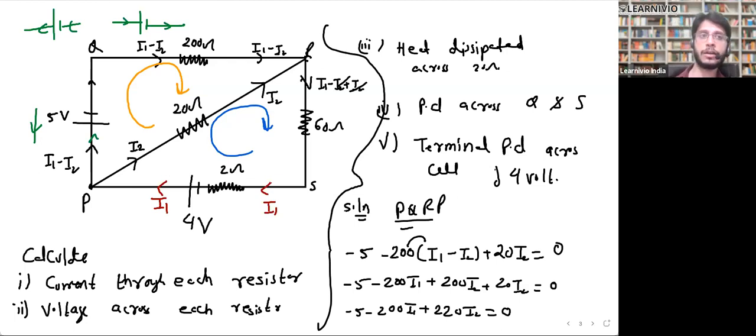So we can't decide just by looking at the circuit; we assume the direction of current. The only thing to take care of is the division: if I1 is coming here, it will divide into two parts. If one part is I2, then another will be I1 minus I2, not I1 plus I2.